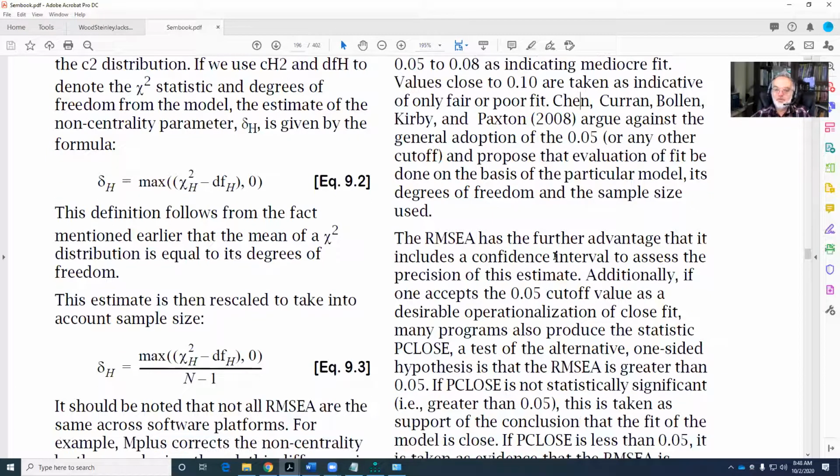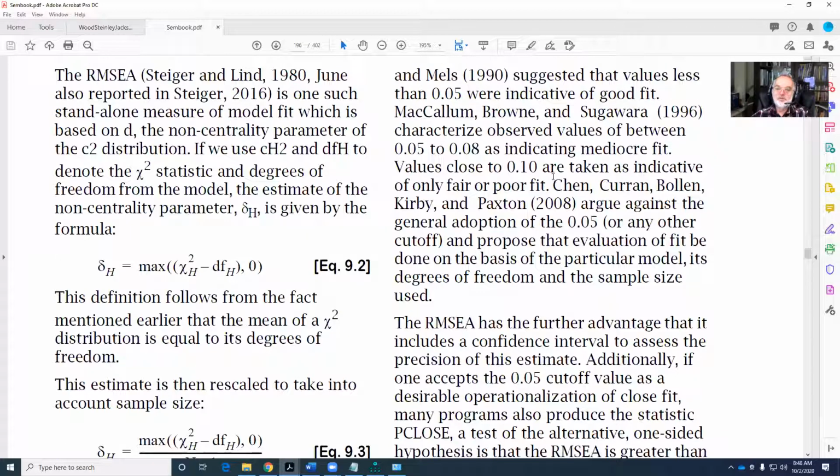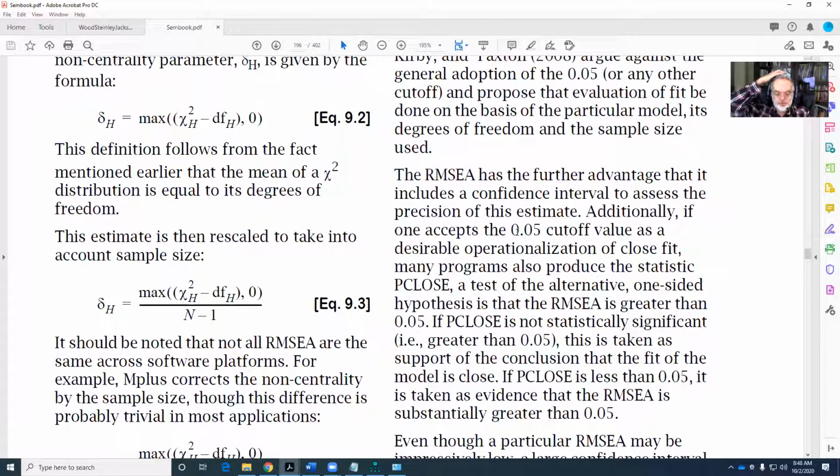The RMSEA also has the advantage that it's going to give you a confidence interval. So if you have a relatively small sample, the confidence interval will be wide, suggesting some caution to you that even though my RMSEA was low, it could be that, in truth, if I had more observations, the RMSEA might be poor. The 0.05 cutoff value mentioned above for good fit also led to the calculation of something called the probability of close fit.